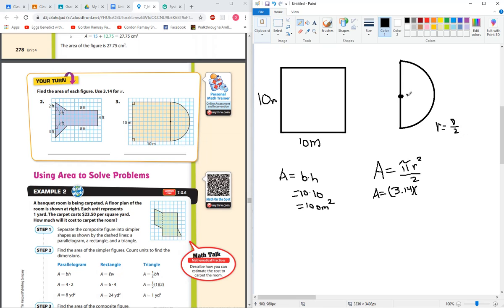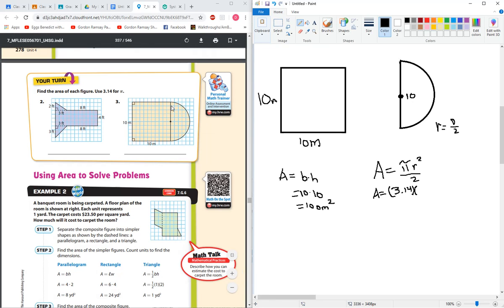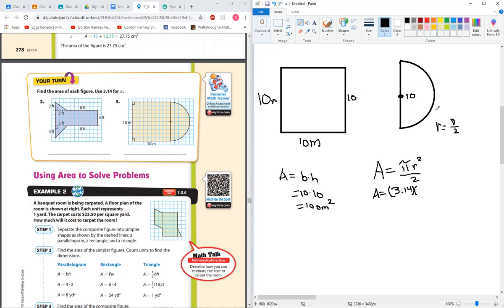In this case, we know the diameter is 10 because this line and this line are the same line. So radius is equal to 10 divided by 2. And the reason I know that this is diameter is because the diameter has to go across the circle through the center. So that means my radius is 5. So I'm going to put 5 in here. Squared divided by 2.